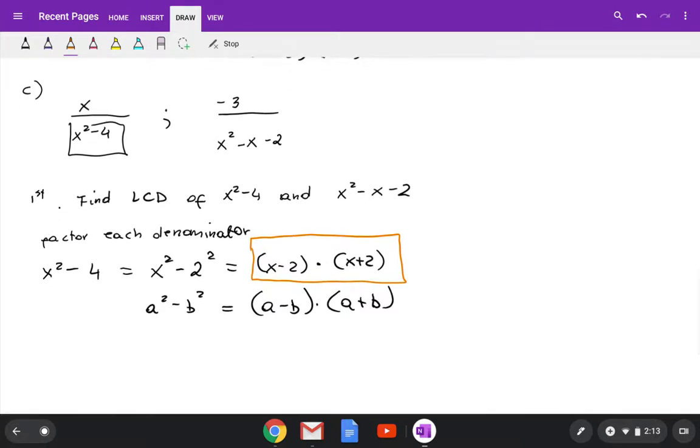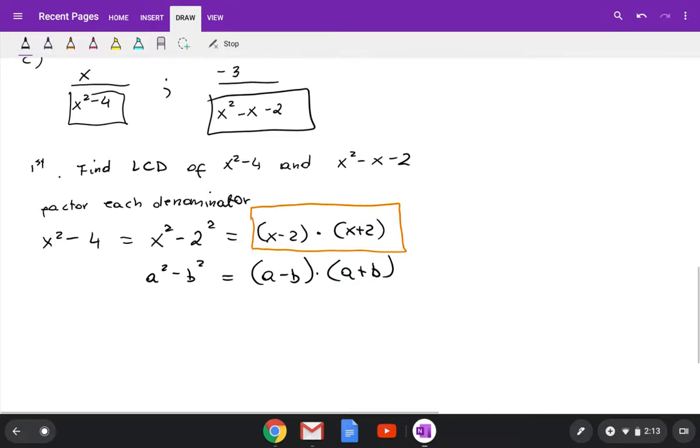So next, take the second denominator, which is x squared minus x minus 2, and factor using the AC method because it's quadratic.